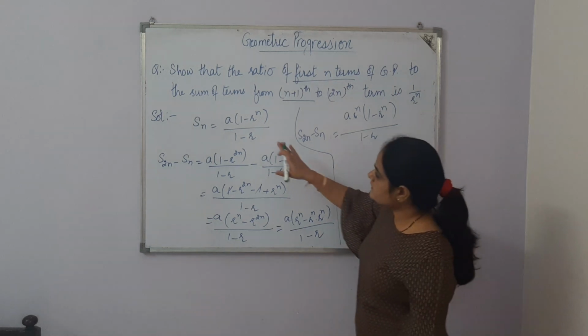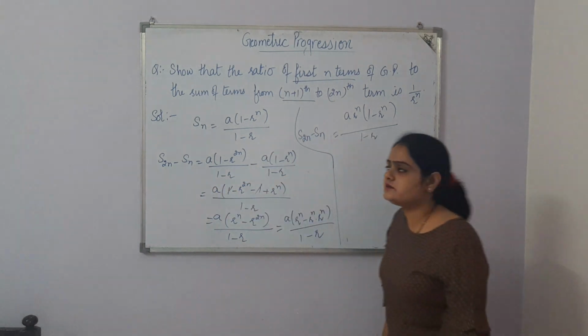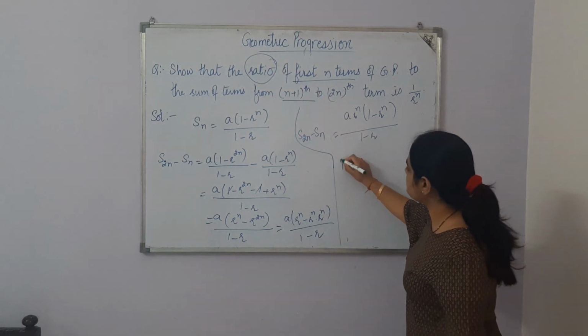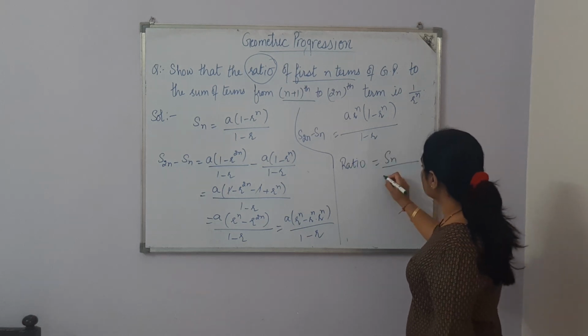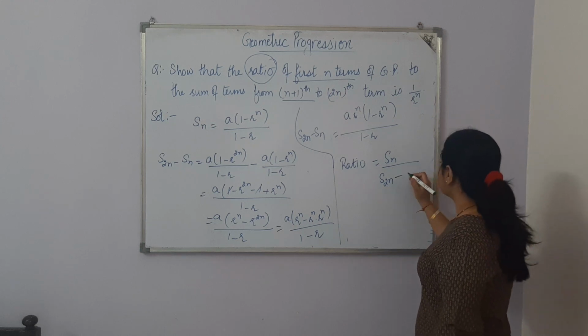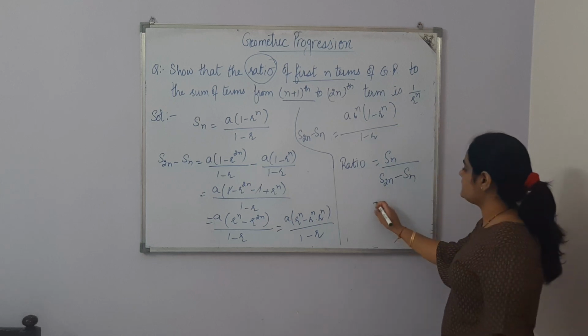We have already found Sn, and now the sum from n plus 1 to 2n terms. Now we need the ratio. So what will be the ratio? The ratio of the first n terms to the sum of n plus 1 to 2n terms, which is S2n minus Sn.